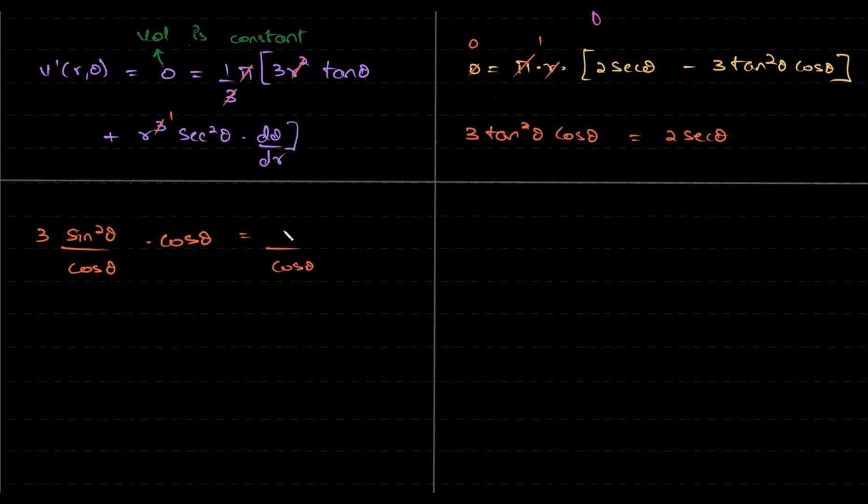I'm converting everything to sine and cos. That's our go-to step, right, in trigonometry. This cos is square, by the way. So this and this and this, everything gets cancelled, and we have sine square theta is equal to 2 by 3. Therefore, sine of theta is equal to root 2 by root 3.